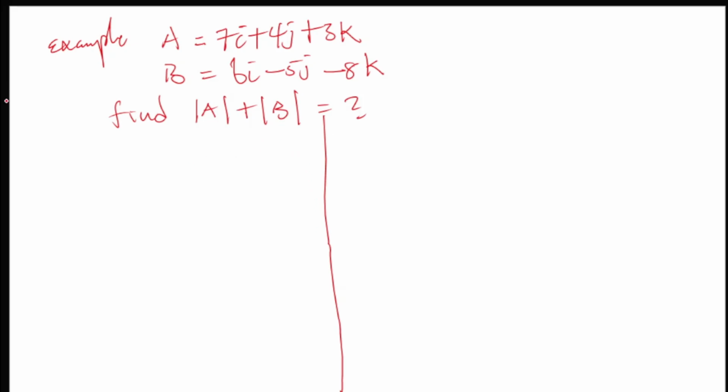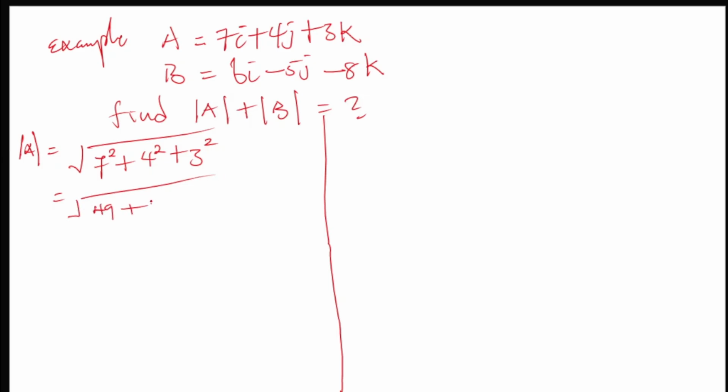Now, to get the magnitude of vector A, it will simply be the square root of 7 square plus 4 square plus 3 square, right? So this is 49 plus 16 plus 9. If you add everything here, that will give you, I think, 74.